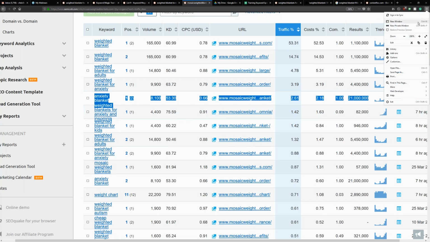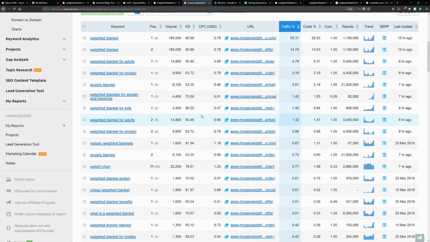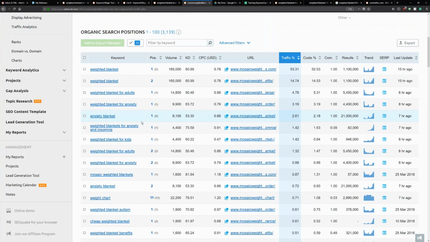I'm actually going to take this size down just a tad, just so we can see these keywords a little clearer. We can see anxiety blanket, right? This weighted blankets for anxiety and insomnia, which I think we brought up before, but this anxiety blanket, right?